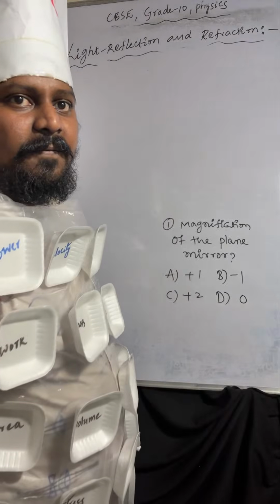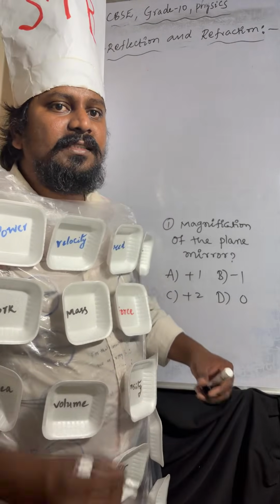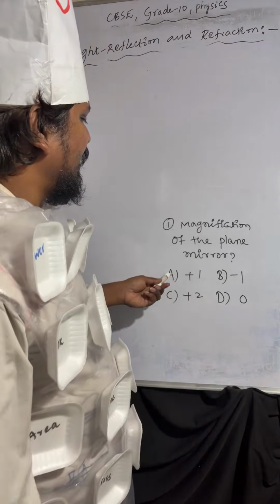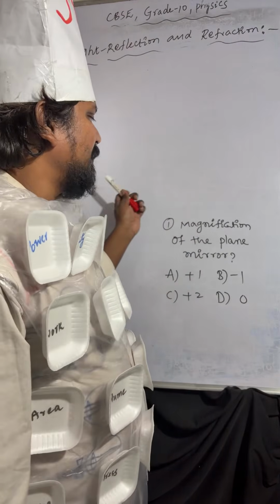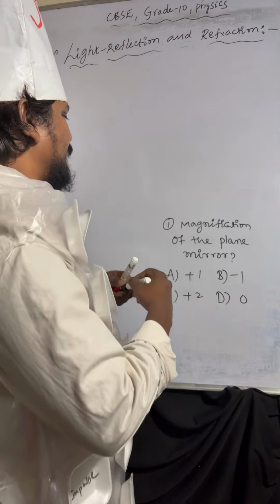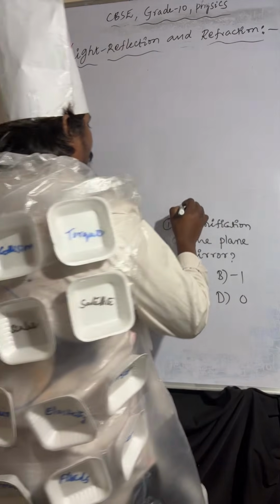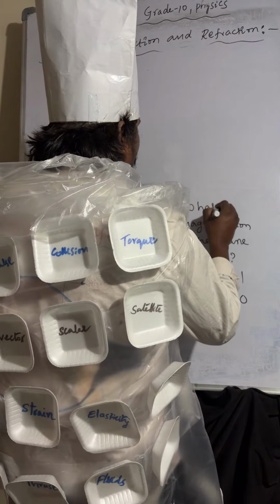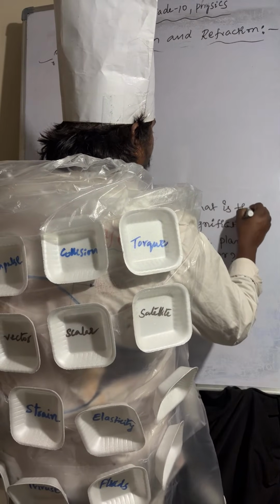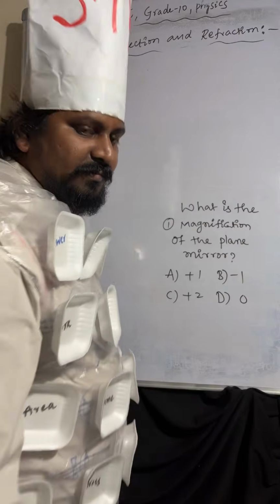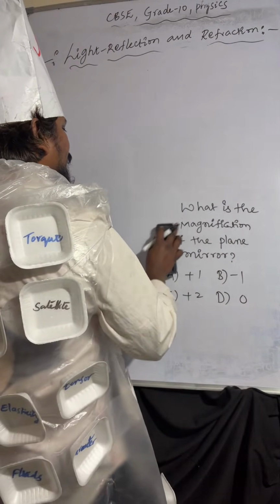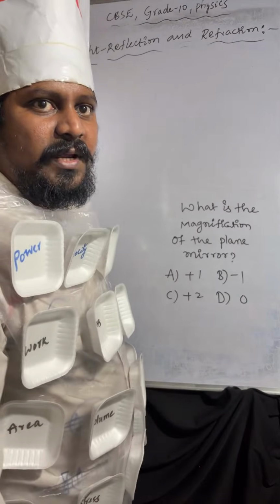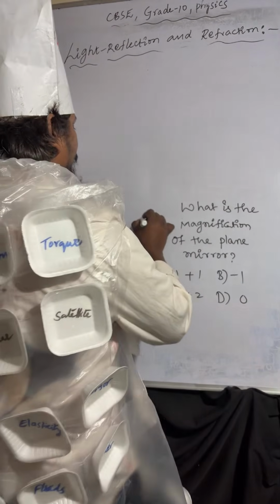So what is the answer? You can mention A, B, C, D like that. What is the magnification of the plane mirror? Anyone knows the answer? Let me know. I'll explain the answer definitely.